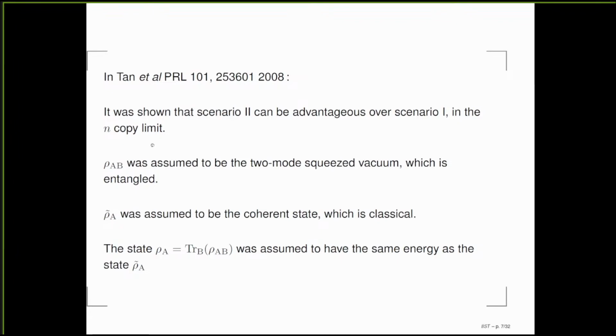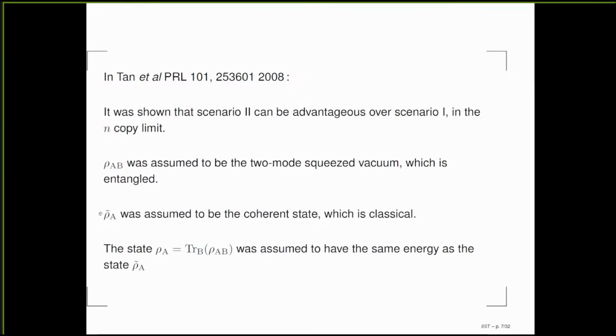What they assumed was that rho AB was a two-mode squeezed vacuum, which is by definition two-mode, bipartite entangled. Then for scenario 1, they substituted for A rho tilde A, which was assumed to be the coherent state, which is classical by definition.